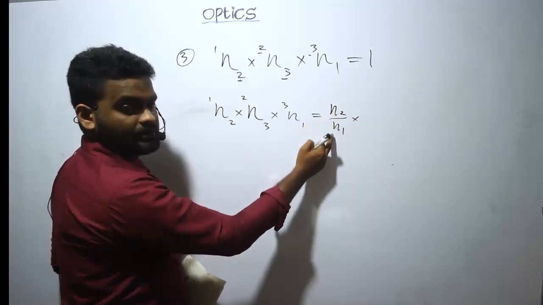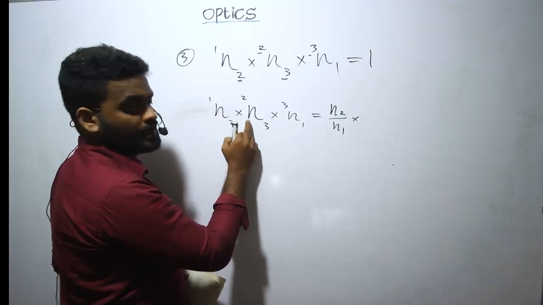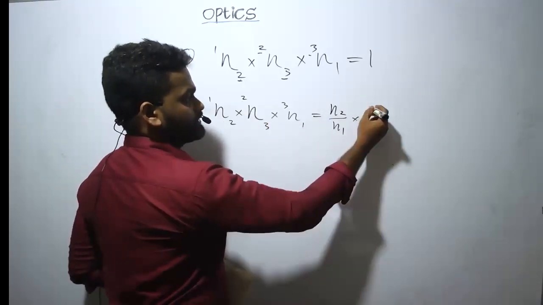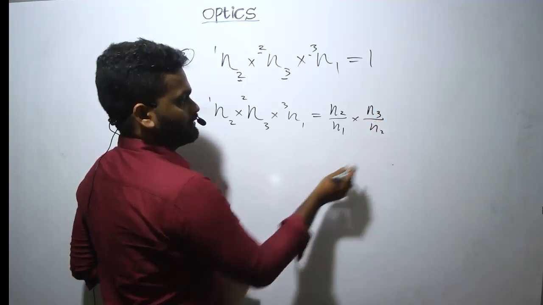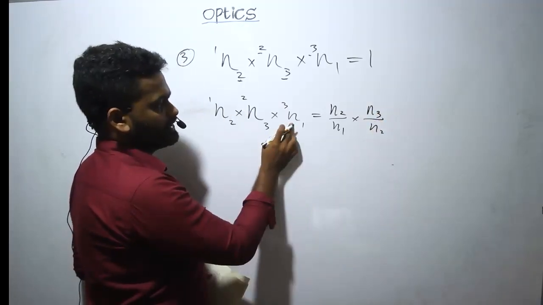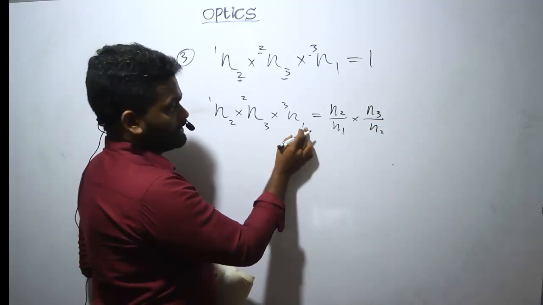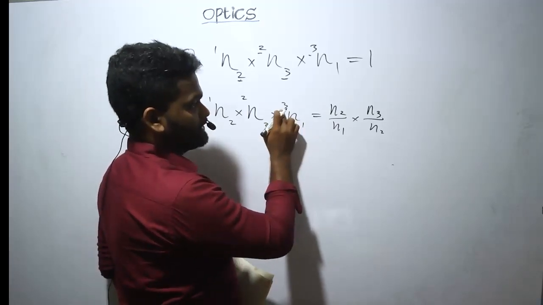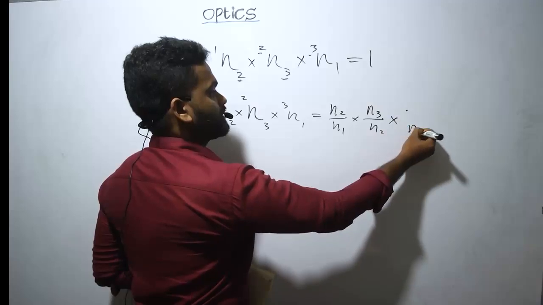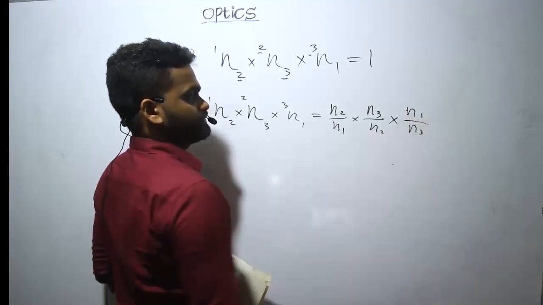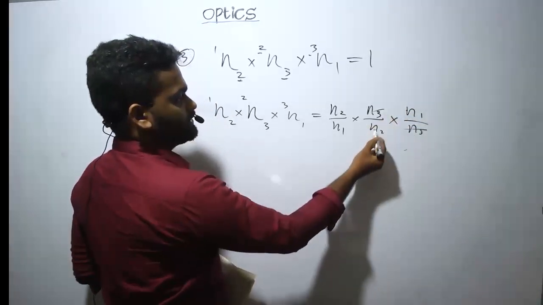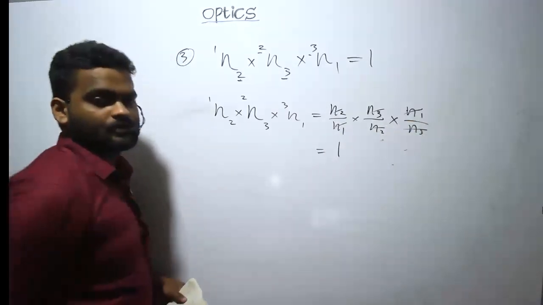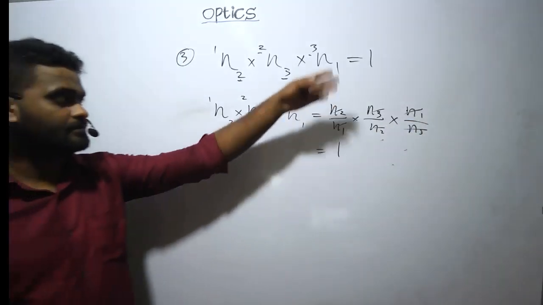Got it? This one, relative to 2, divide by n2. N3, right? Here, relative to 3, medium 1, divide by n3. N1 goes here. So you can see N3, N3, N2, N2 cancel off. N1, N1 cancel off. It becomes 1. So that way you can derive that.